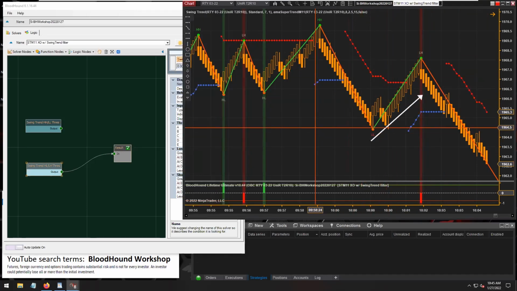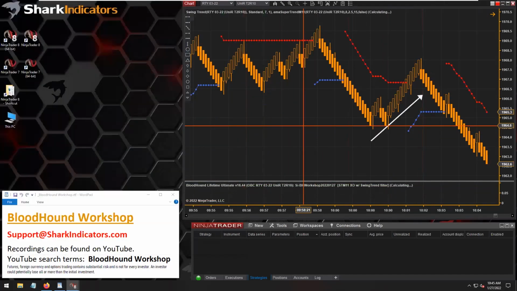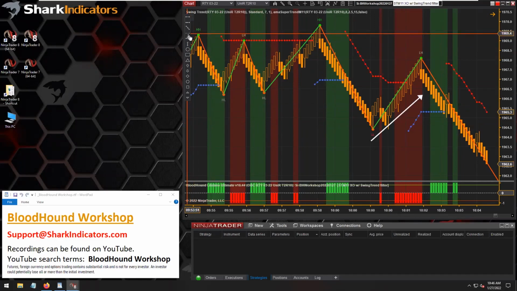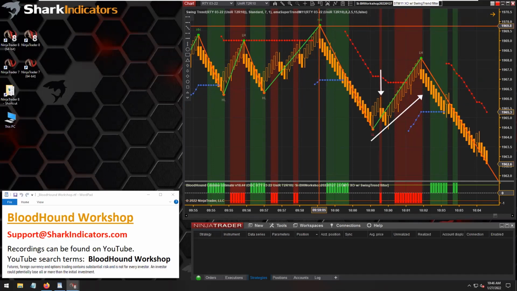So let me reload the chart, and let's see if we can get that. Yeah, there we go. We can see that as soon as this lower low gets locked in and the upswing begins, obviously this upswing starts off as a lower high until it goes higher than the higher high, and then it'll switch from a lower high to a higher high.